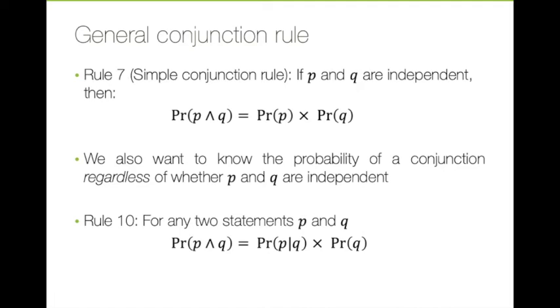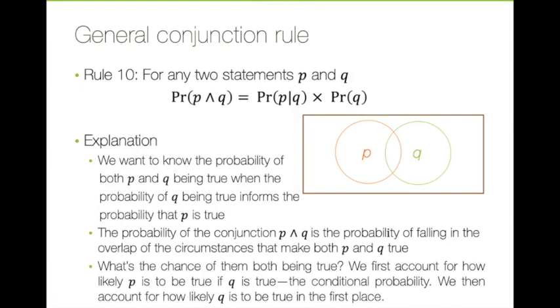For any two statements P and Q, the probability that the conjunction P and Q is true is equal to the probability of P given Q times the probability of Q. So again, that's how we determine the probability of a conjunction if we don't know whether or not P and Q are independent. How can we motivate this new general conjunction rule?